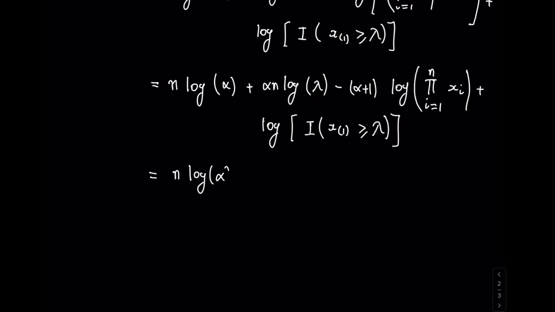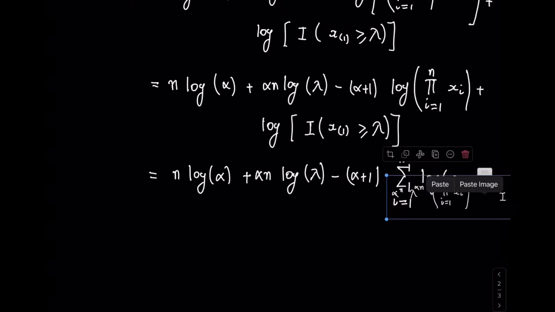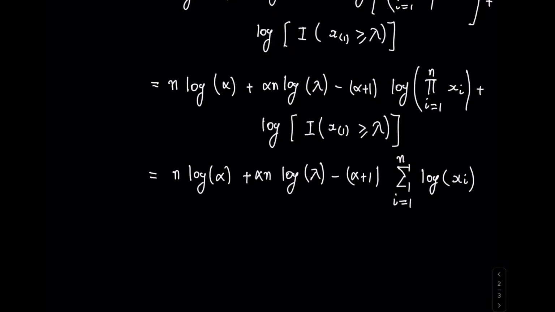Log alpha plus alpha n log lambda minus alpha plus 1. And then this becomes quite simply the sum i equals 1 to n of log xi, plus, and then we've still got our log of the indicator x1 greater than or equal to lambda.